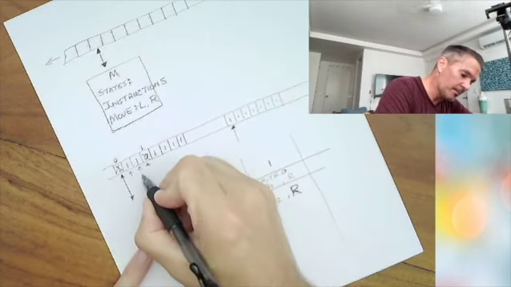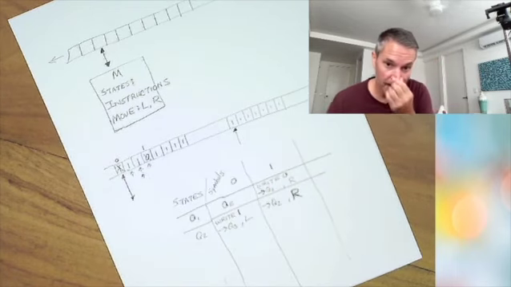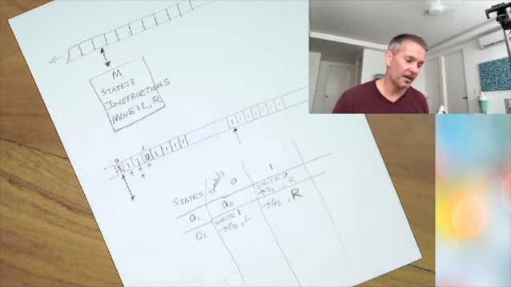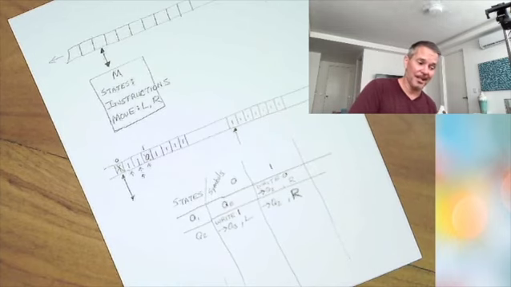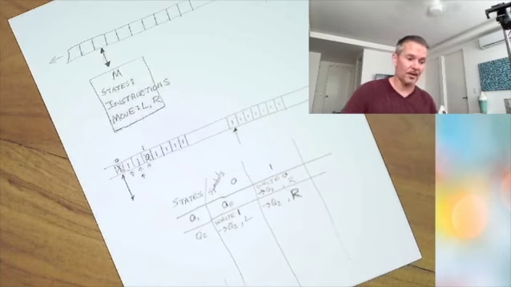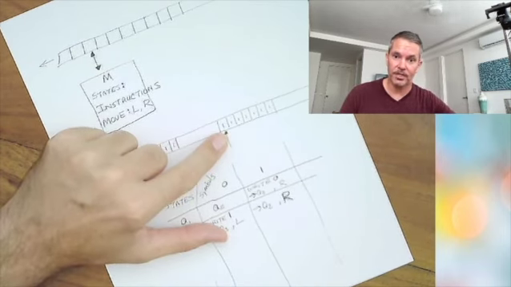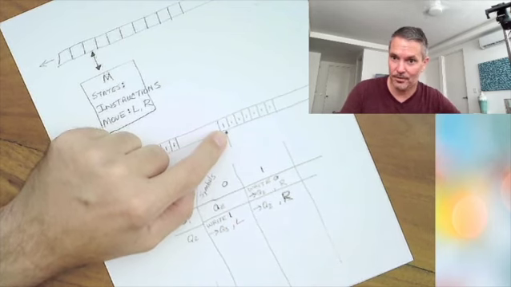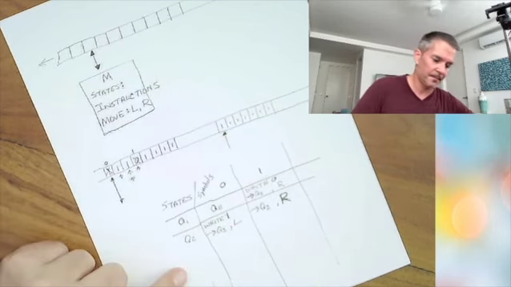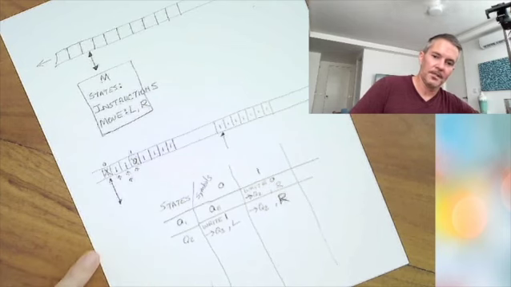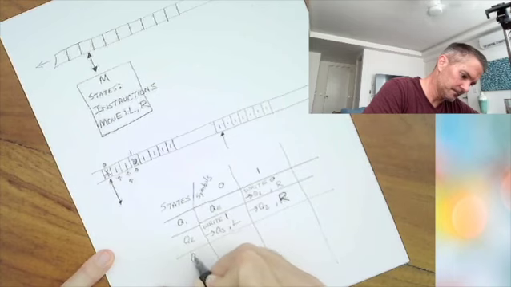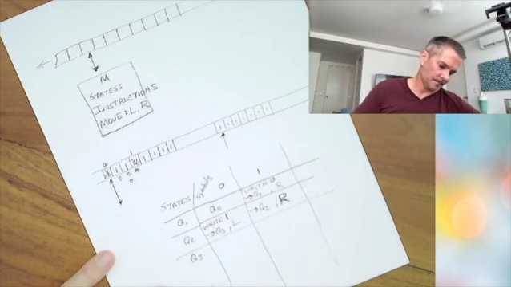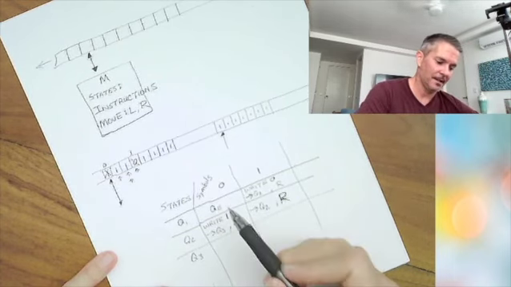All right, so now I'm pointing right here. All right, so now what do I need to do? Well, I need to get the machine back to the very first 1. That's our agreement, that we're going to leave the machine in a state like this, where it's pointing at the beginning of the answer, the addition of the two numbers. Okay? So, in state Q3, here's what I'm going to say.